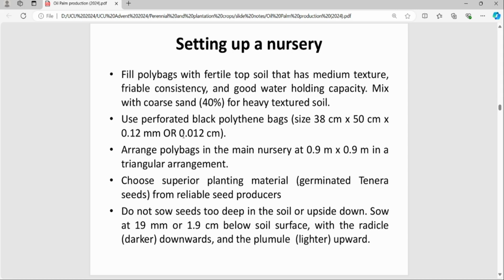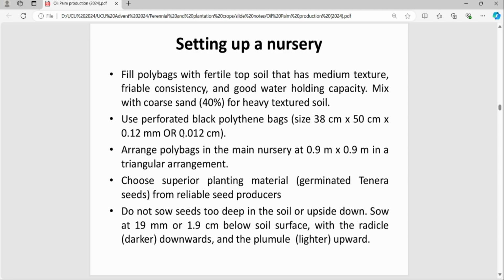And we believe that would provide the best strength as the seedling grows up, because if you use a lesser gauge, that means that by the time you transplant at 11 months, the polythene bag will just be tearing, which is not a good thing when it comes to transportation.